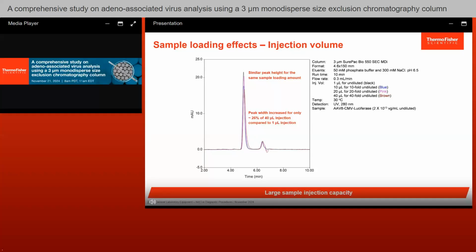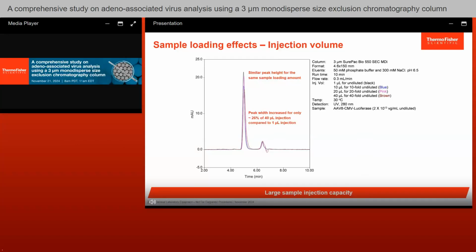Here I want to show the sample loading effects of injection volume. We have 4 traces here. The black trace is where we inject 1 microliter of the undiluted AAV8. The blue trace is where we inject 10 microliters of a 10-fold diluted sample, the pink trace is 20 microliters of a 20-fold diluted sample, and the brown trace is a 40 microliter injection of a 40-fold diluted sample.